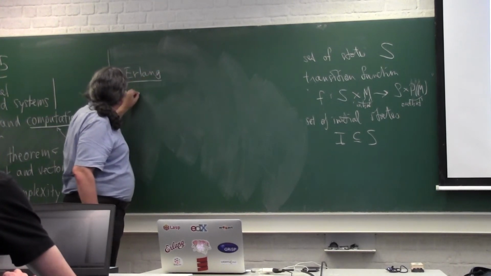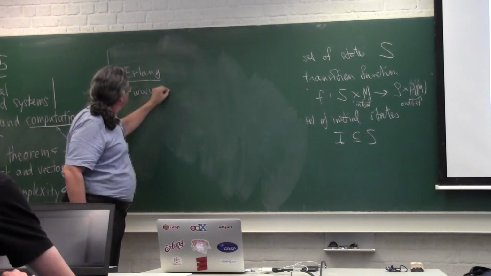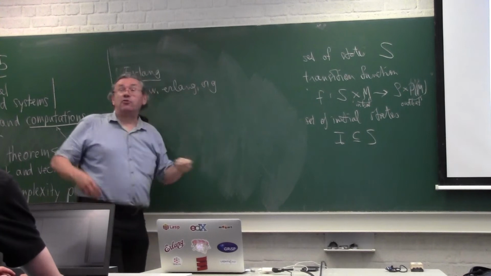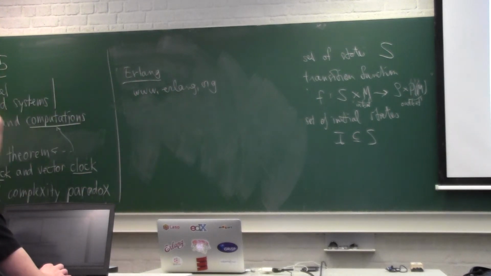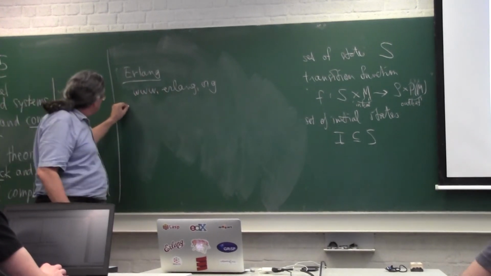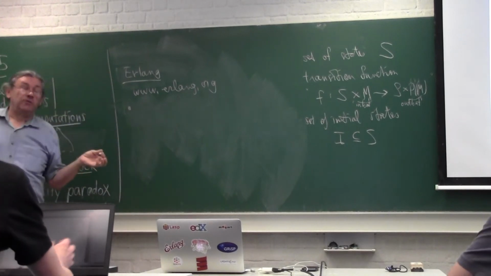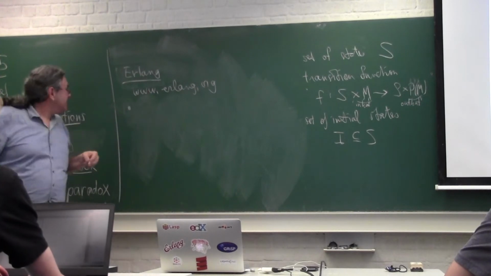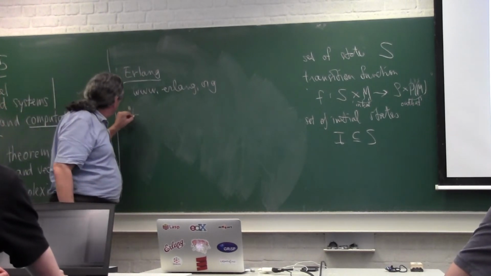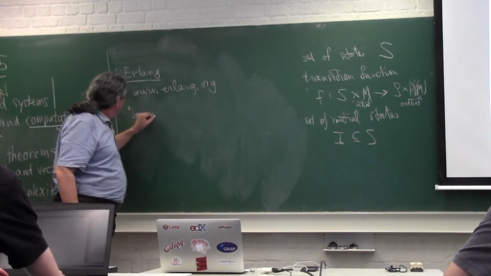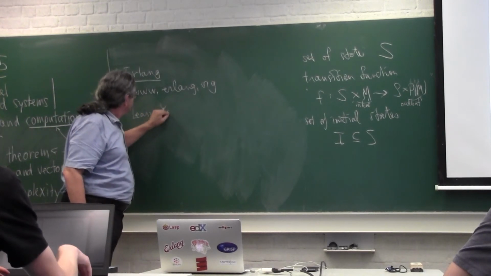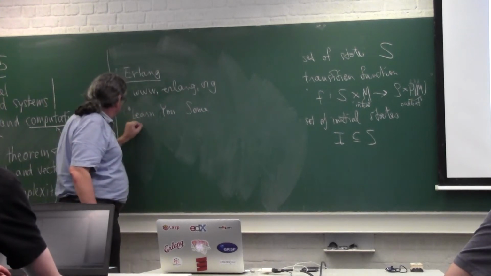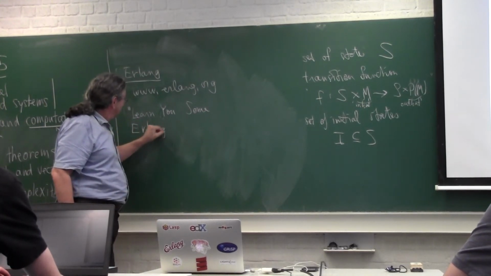So the main site for Erlang is erlang.org. And you can go there and you can download the system and you can immediately start using it. And then there's a lot of documents on Erlang. There's lots of ways of learning Erlang. But one of the best is a website called Learn You Some Erlang for Great Good.